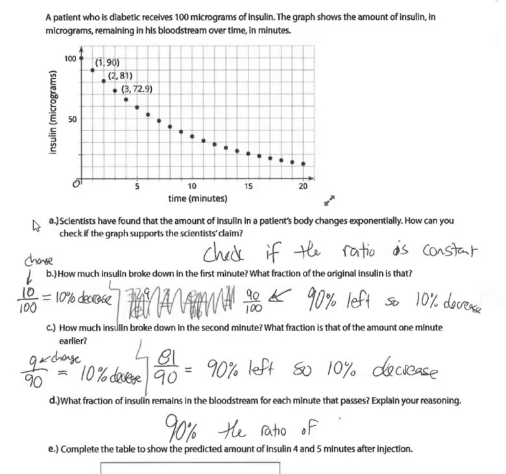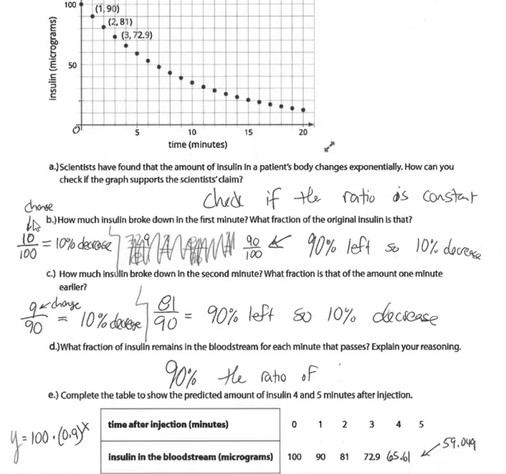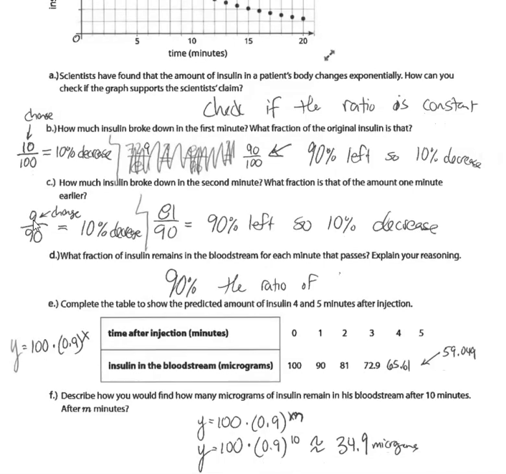I found out that 81 was actually 90% of the previous, meaning there was 90% left, aka a 10% decrease. And when you check the next one as well, that also turns out to be a 10% decrease, meaning 72.9 is 90% of 81. And so it is looking like it is going to be exponential.